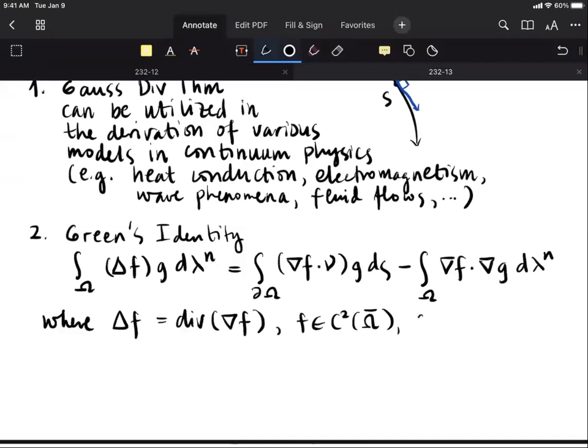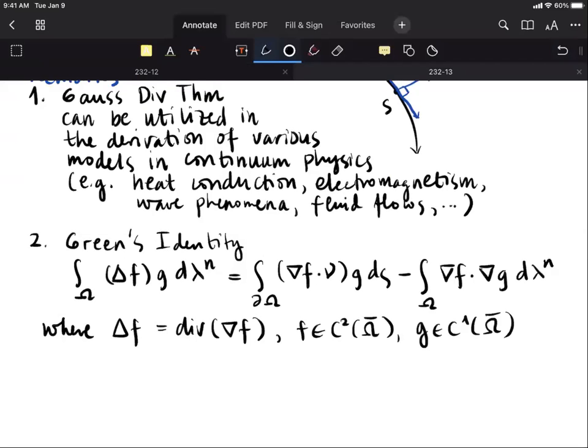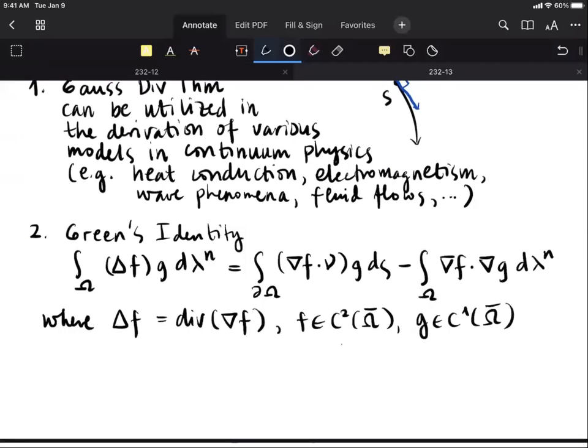And g here is continuously differentiable. Why C2 for f? Here we took two derivatives, so we need derivatives up to the second order to be continuous. However, for g we only have the gradient, so we only need continuity of the derivatives of g.